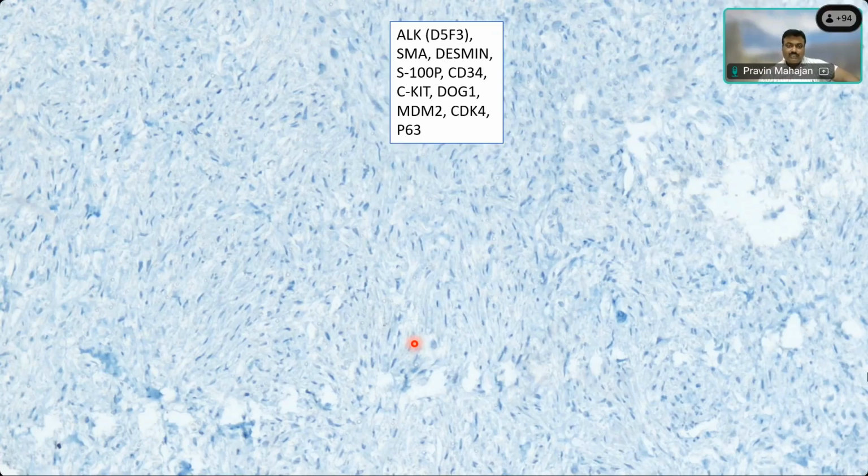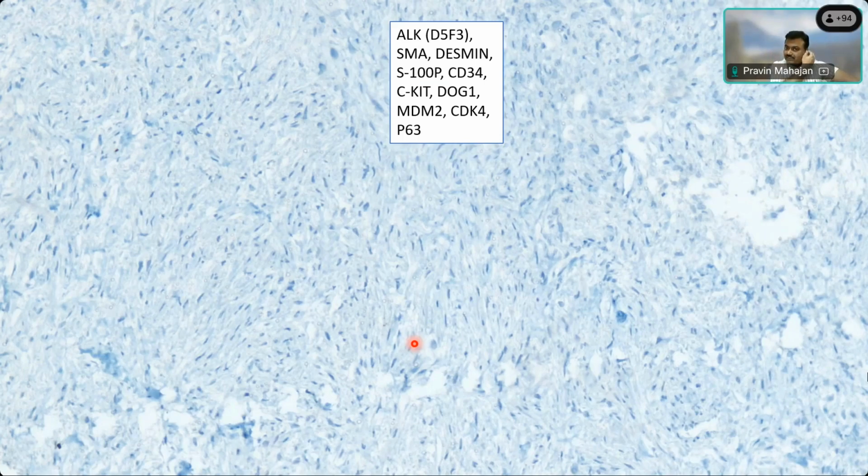So that was a misnomer. Later on, with the behavior and everything, we found out these are actually sarcomas or mesenchymal tumors and not inflammatory lesions. So the name is inflammatory myofibroblastic tumor. It is not an inflammation, but it is a tumor. It is a mesenchymal tumor or a sarcoma. Does that answer?